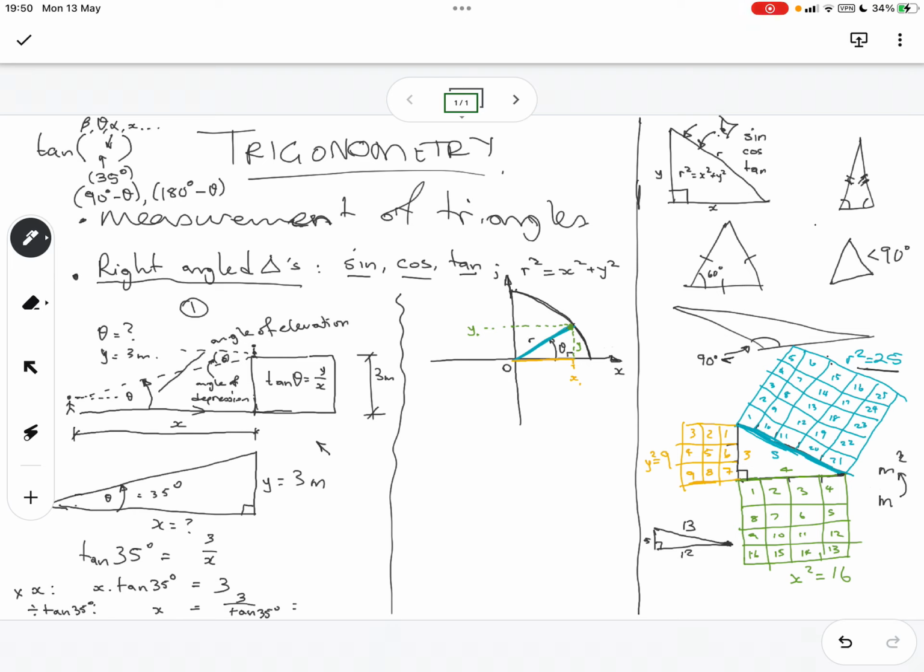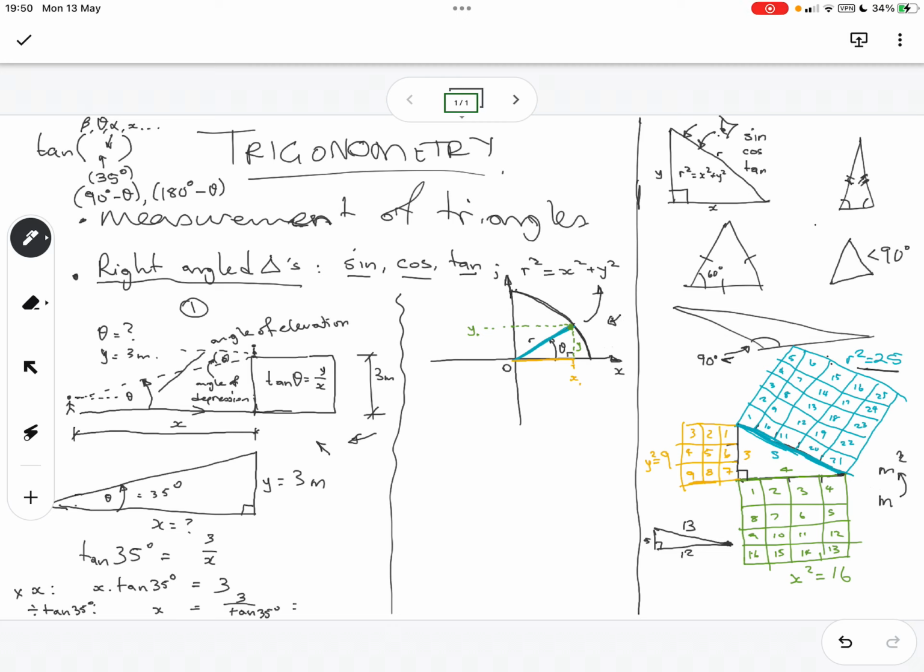Now when we have this right angled triangle, since we said that that is a radius, we can apply Pythagoras, but we can also apply the same sine, cos, and tan trigonometric ratios. And we can use the same principle of finding heights or distances or even angles if we know the lengths or the distances of the sides, right?